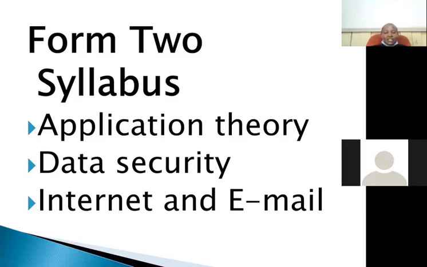Then from databases, we move on to DTP, whereby you are supposed to understand all the aspects of DTP, starting with the definition, types, and terms used in DTP. Mostly here, they are the terms that are used in manipulating a graphic.